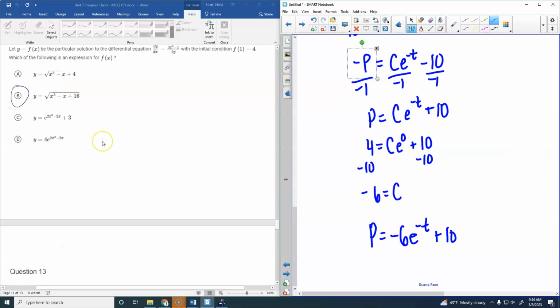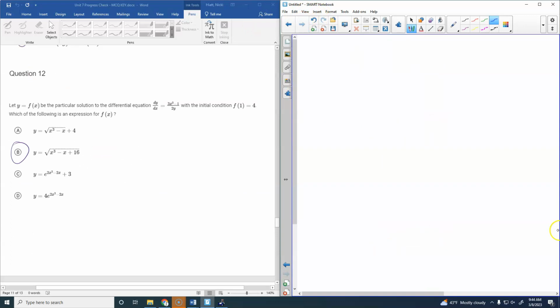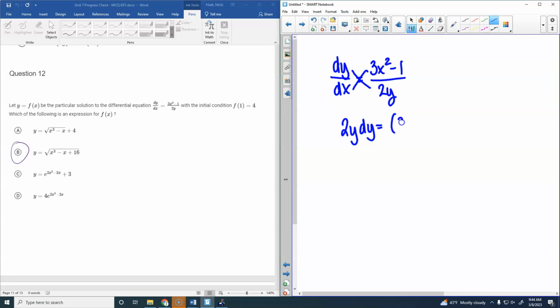For 12, we've got dy over dx equals 3x squared minus 1 over 2y. For this one, you can more or less just cross multiply, because when you do that, you're going to have 2y dy equals 3x squared minus 1 dx.